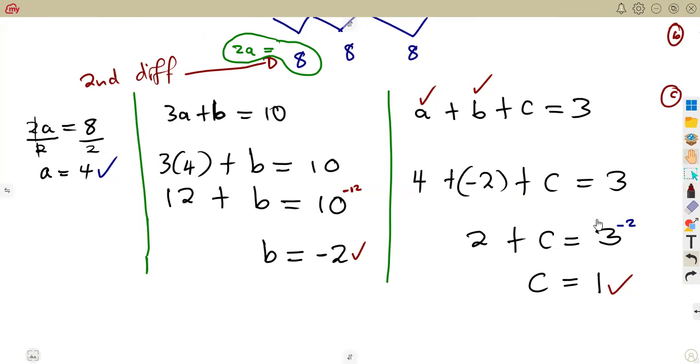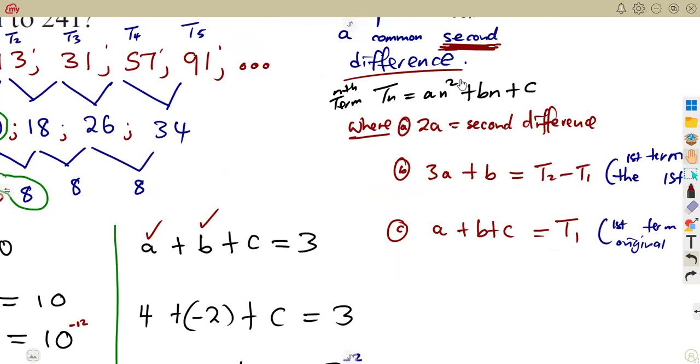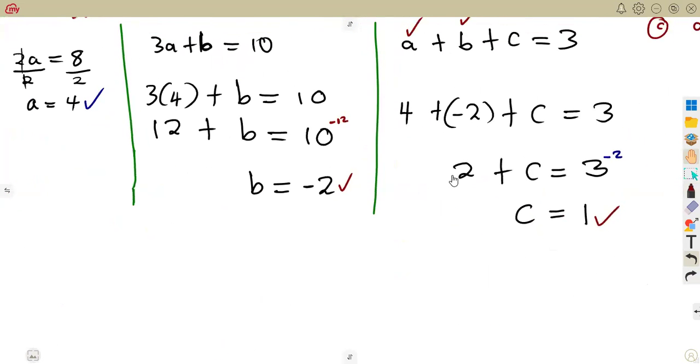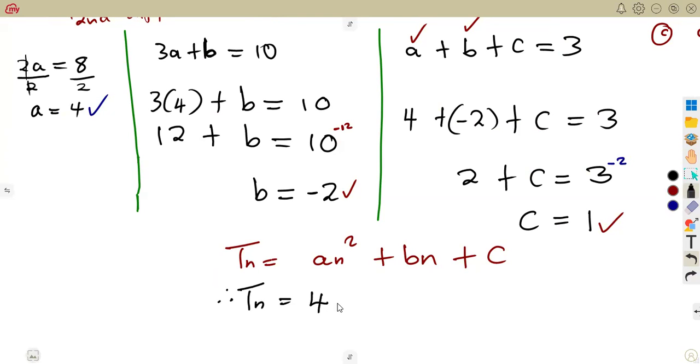We must substitute. Remember, our Tn is given as an squared plus bn plus c. So we must substitute now into that formula, which is our general formula. Remember, we say Tn is equal to an squared plus bn plus c. So our nth term formula is going to be A, which is 4, so that's 4n squared.